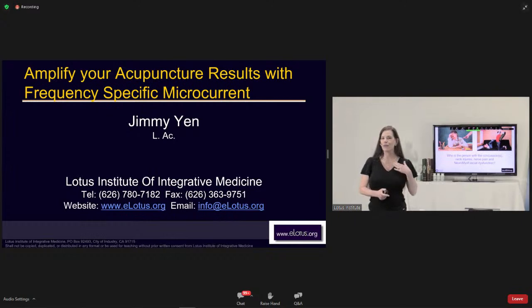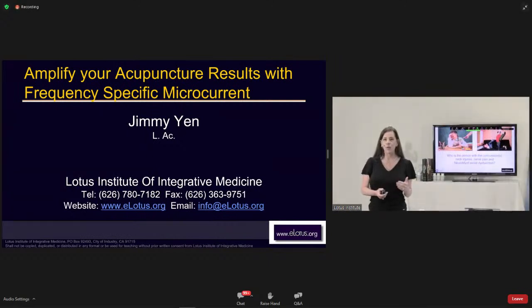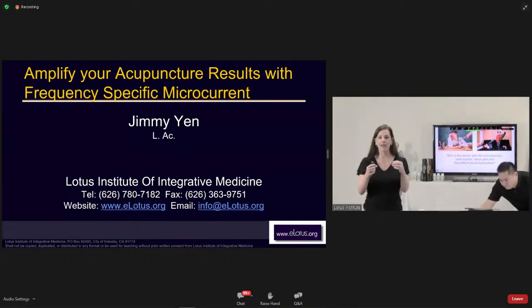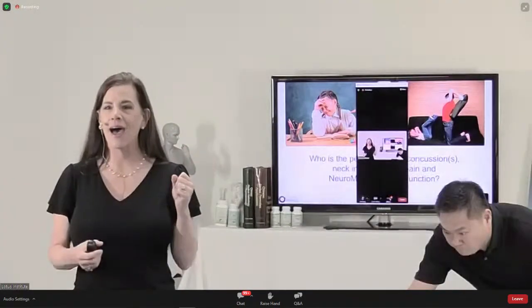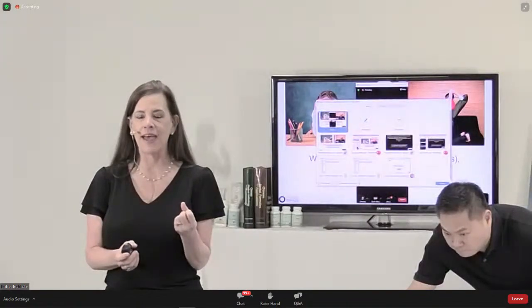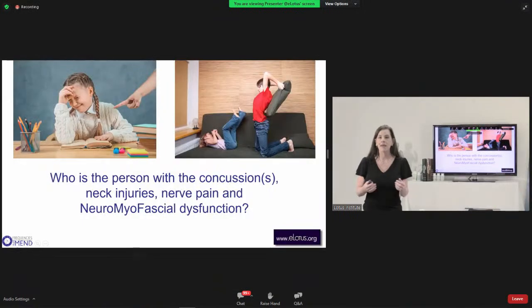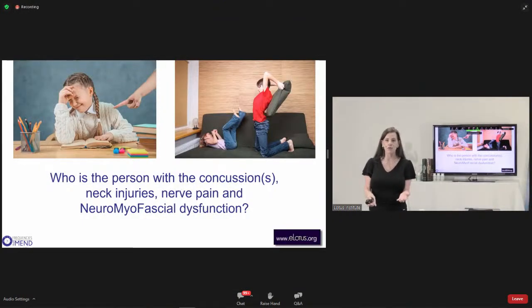And that was really my great hope for what we did yesterday, that anyone would be able to take the information from yesterday and say, oh, I have a pearl. I have something that I can apply, even if I'm not doing FSM, even if I don't do devices, even if the only thing I'm going to do is acupuncture, even if the only thing I'm going to do is herbs.